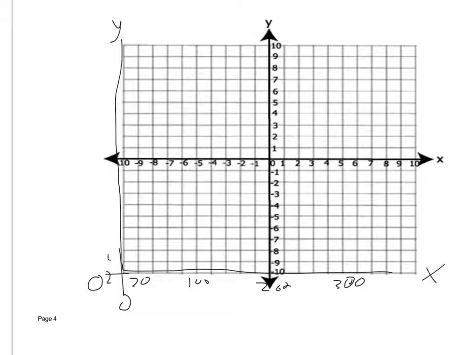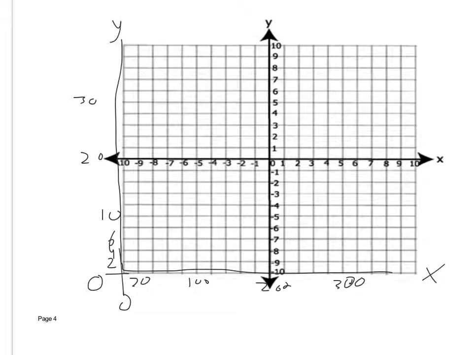So 2, 4, 6, 8, 10, 12, 14, 16, 18, 20, 2, 4, 6, 8, 30. Any questions? I was off one. I thought I did something wrong. The first one should be 0, so this is 2, 4, 6, 8, 10. Everybody see what I've done?